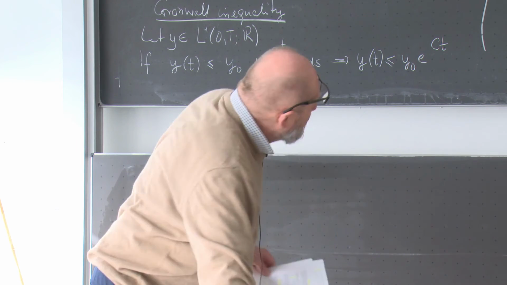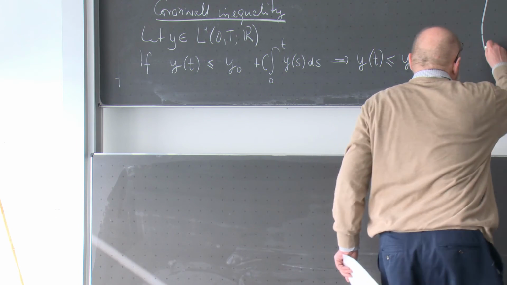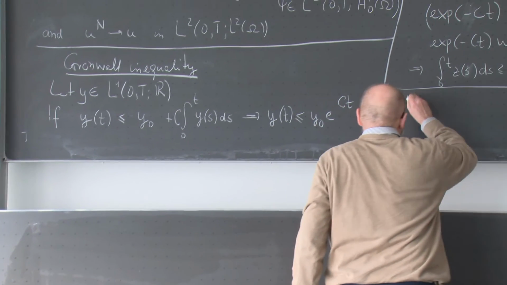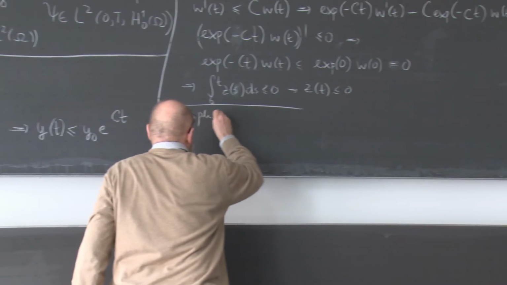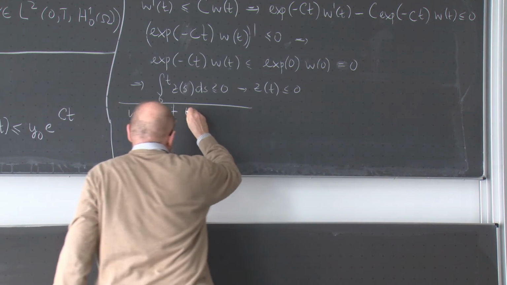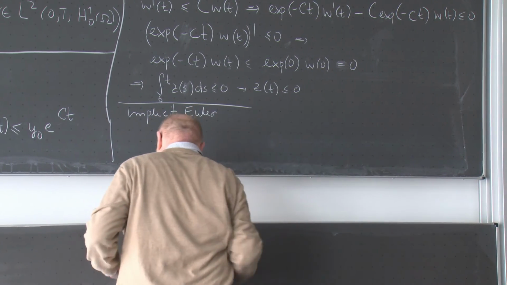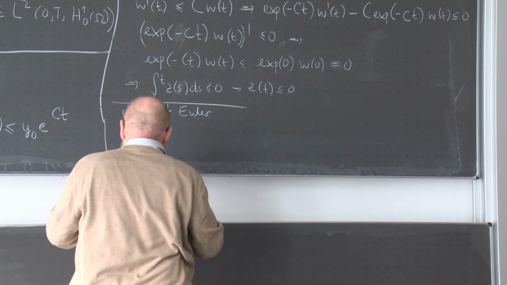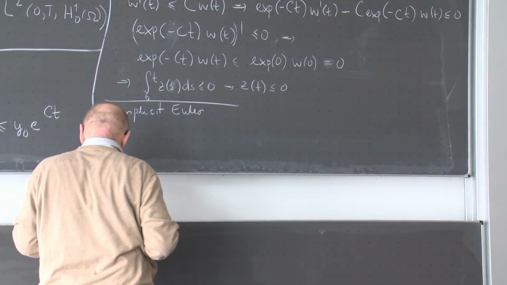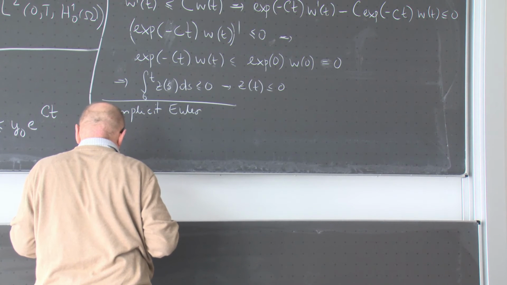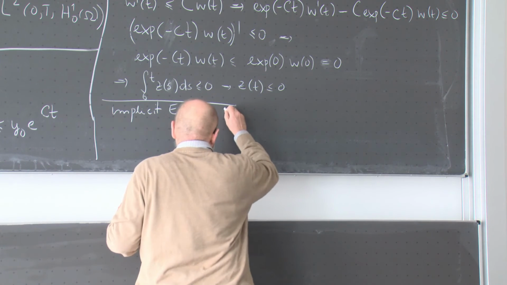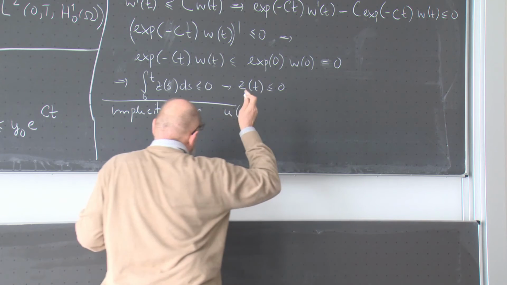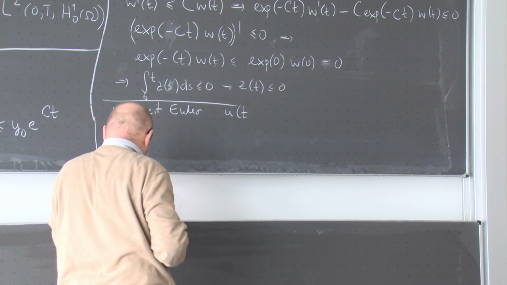But anyway, now let's see what we can do. I remind you what our approximation was: the implicit Euler method. We have our distribution in time, our t_k's.